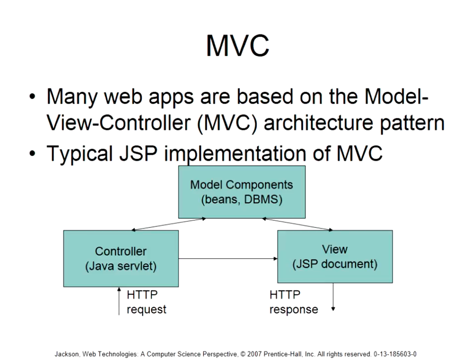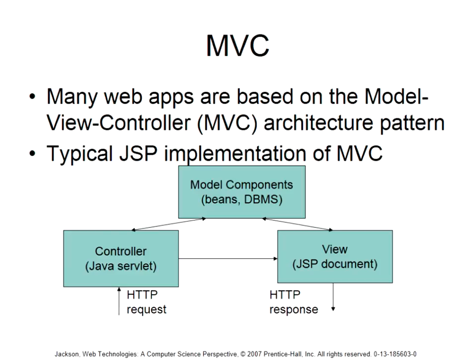This is the last slide in our chapter. We just want to talk about MVC, the abbreviation of Model View Controller architecture pattern. So it is an architecture pattern, and a typical JSP implementation of MVC.